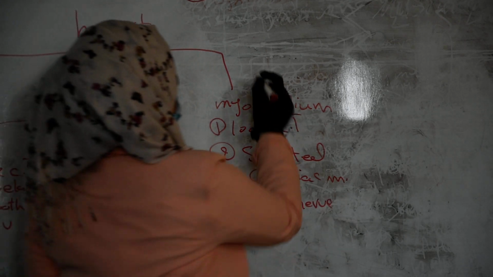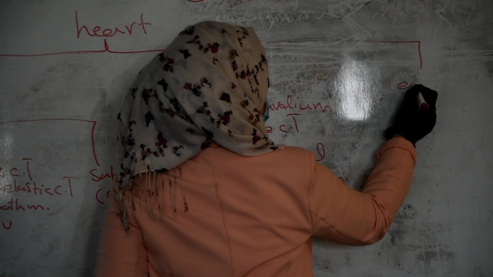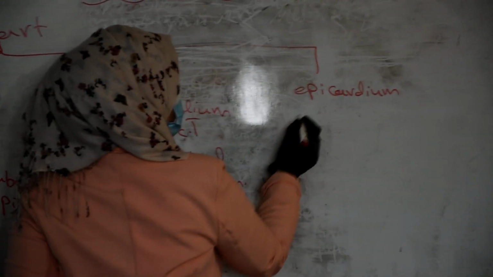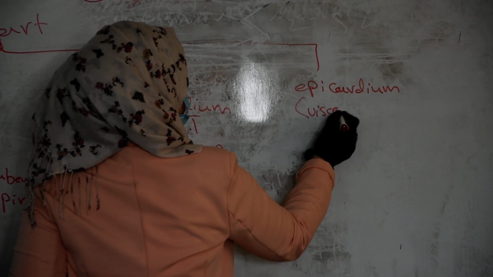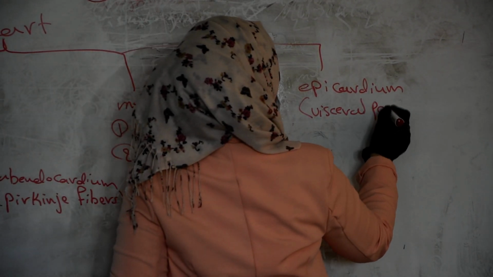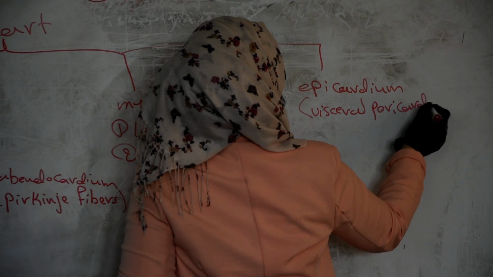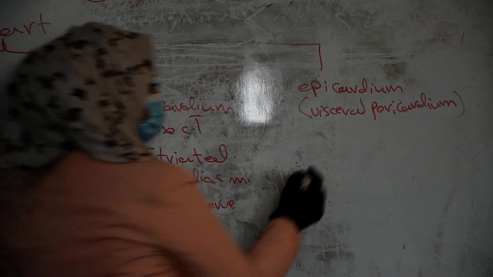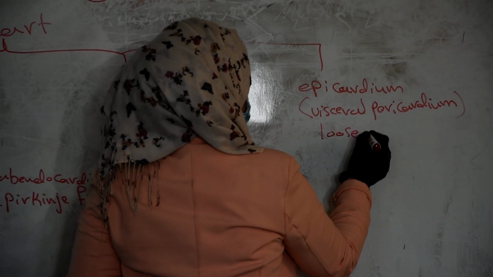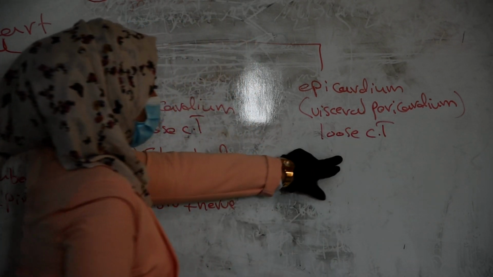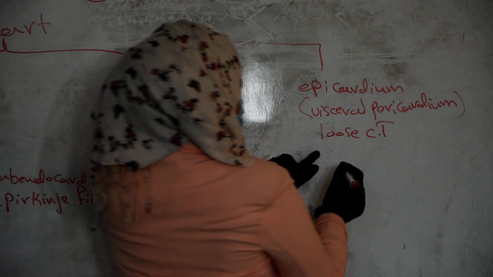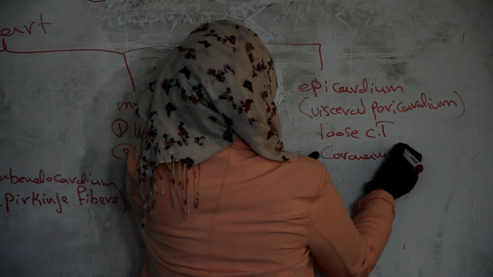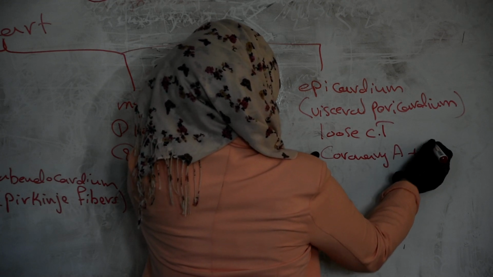So, the last part is epicardium, or called visceral pericardium. Also containing loose connective tissue, containing the main coronary artery and vein.